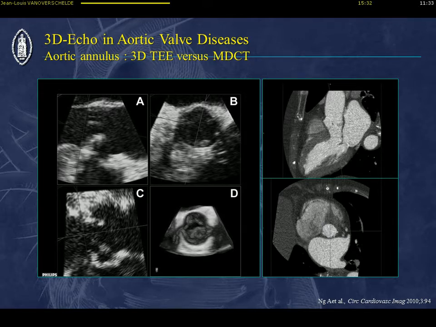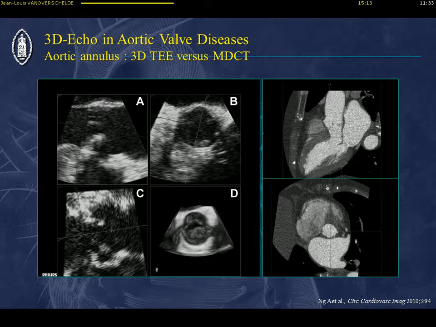It's very often elliptical, and if you're only taking the anterior-posterior dimensions, you clearly underestimate the size of the annulus, and you can undersize your prosthesis and then lead to some degree of paravalvular leak. So it's very important to have a good evaluation of this.